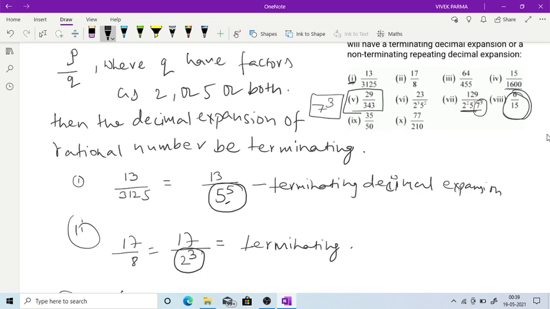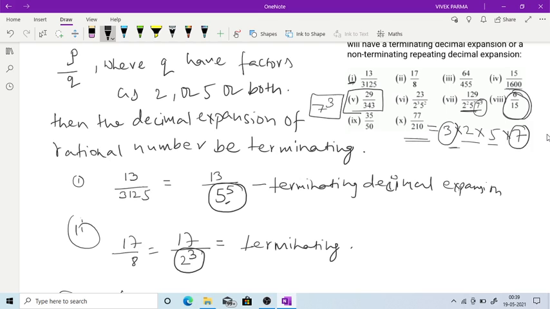This will be written as 2 into 3 into 5 into 7, right? See here, numbers 3 and 7 are present, right, other than 2 and 5. It means the decimal expansion of this expression will be non-terminating repeating, right?